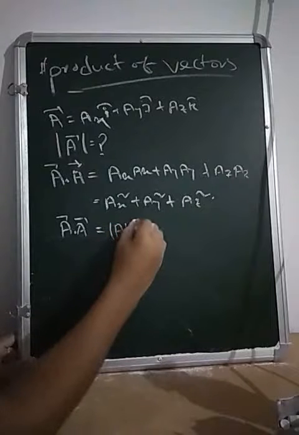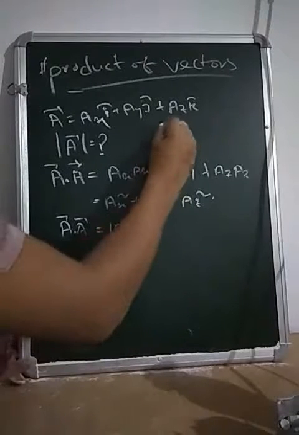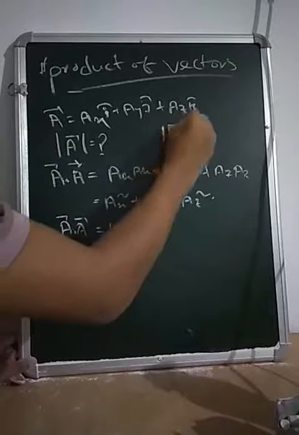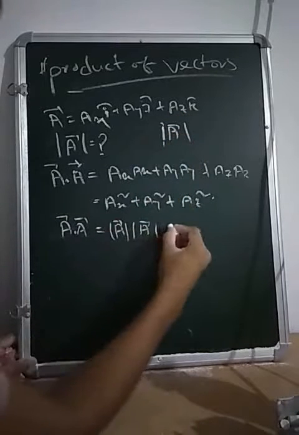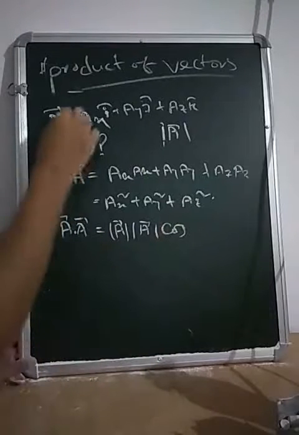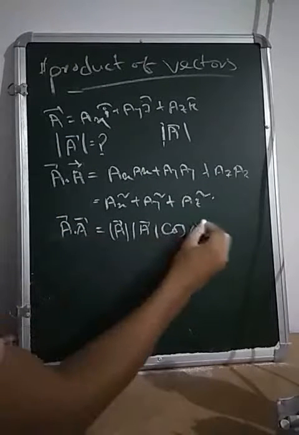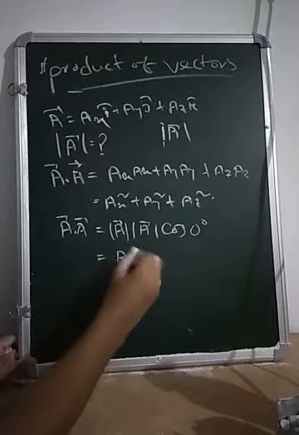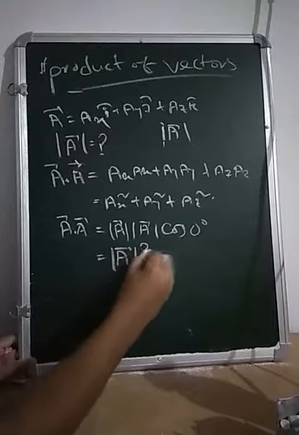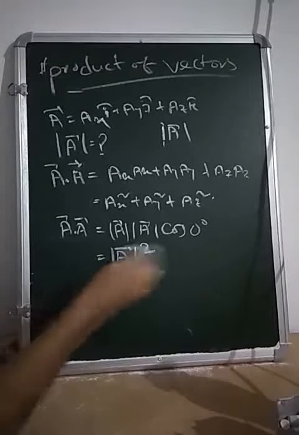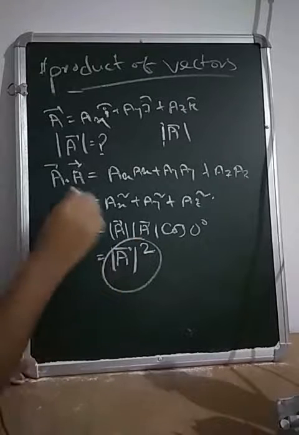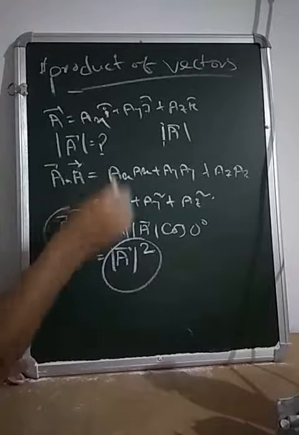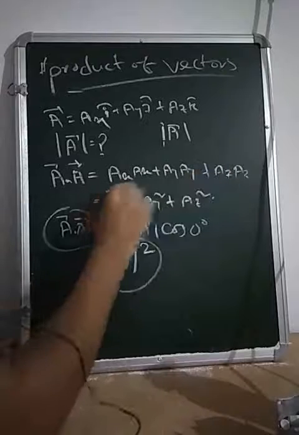A dot A is A into A, the magnitude. The magnitude of a vector is represented by this. Okay. So I get magnitude of A into magnitude of A into cos of 0, since the vectors are similar. Cos of 0 means 1. So it is A square, magnitude square. So A dot A means magnitude of A whole square. And if we go the other way, A dot A means this.